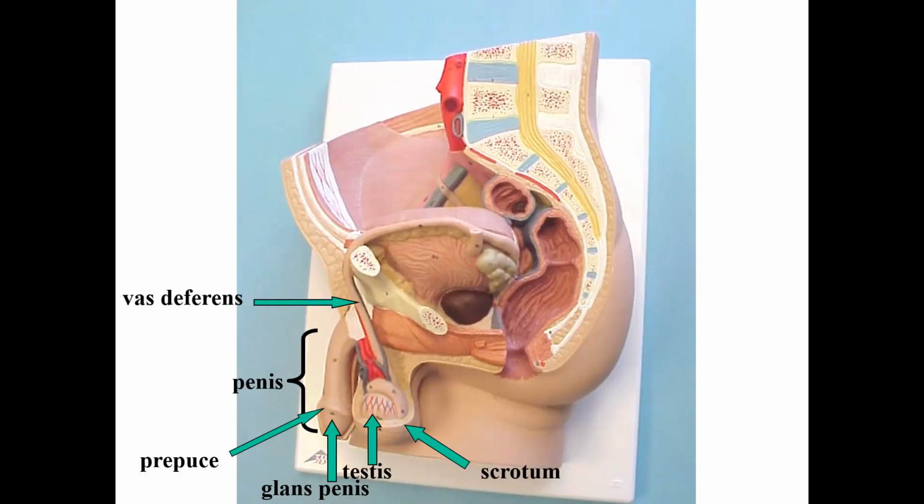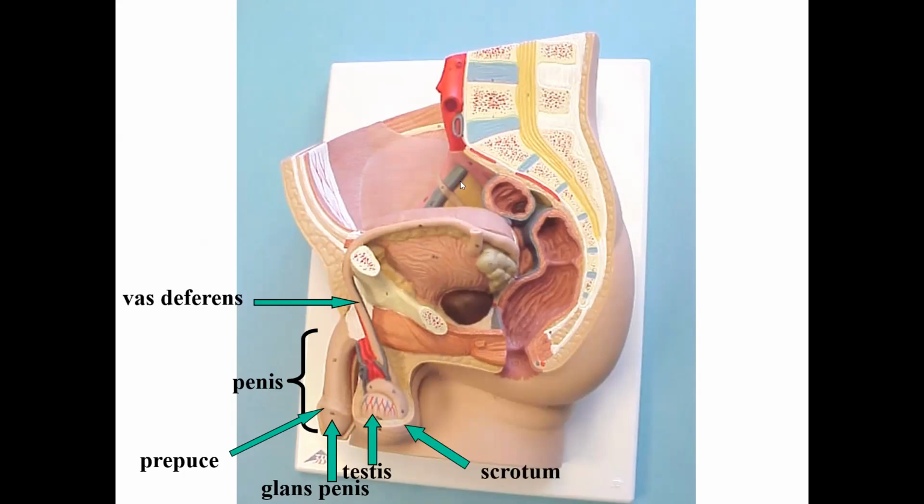This structure here is called the vas deferens or the ductus deferens. This is the delivery tube that, during ejaculation, sperm will travel through from the testes up and around. You can see it comes up here.